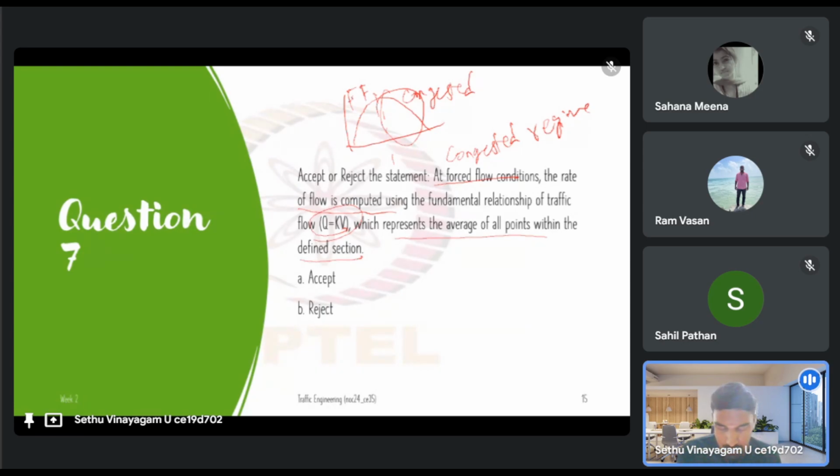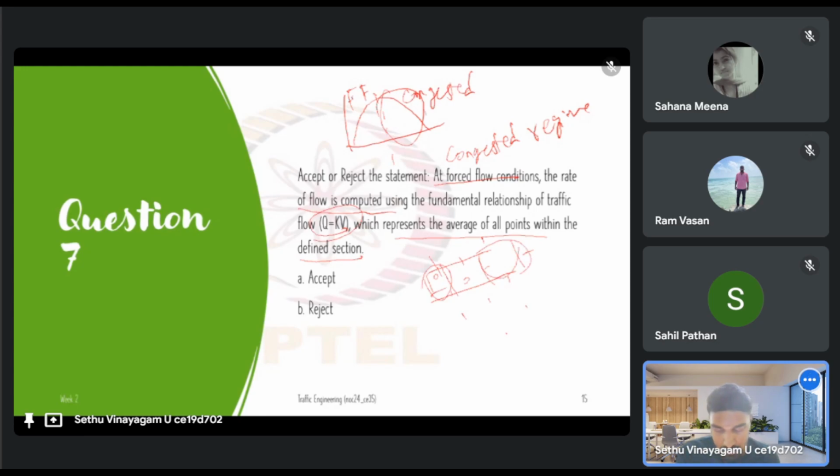So you take a particular stretch of the road, and then you are measuring, say, the density or the flow at different sections, right? So the flow is not going to be the same everywhere in the congested condition.